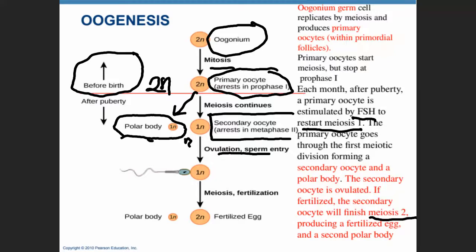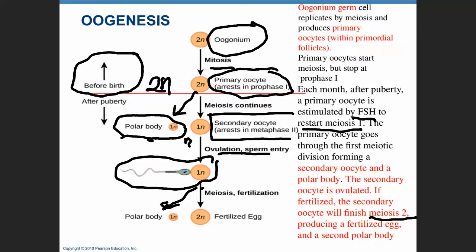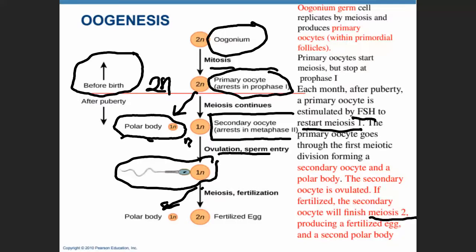It will not be until, or if, this secondary oocyte is fertilized that it will quickly finish meiosis 2, dividing again by the second meiotic division into 2 unequal cells: a fertilized large egg, and a non-functioning polar body that will be destroyed.